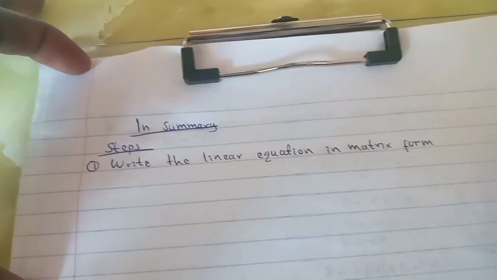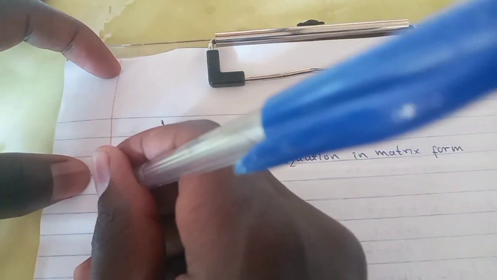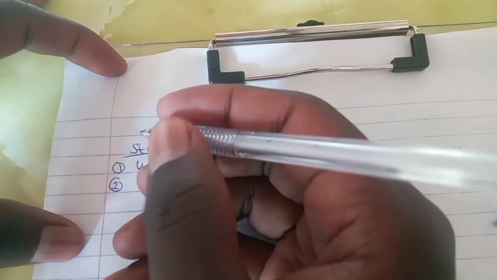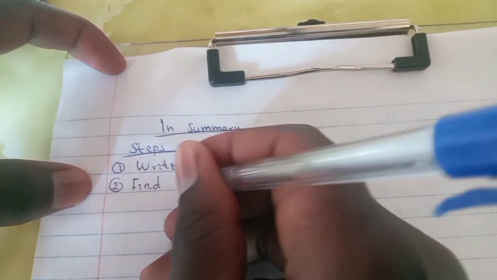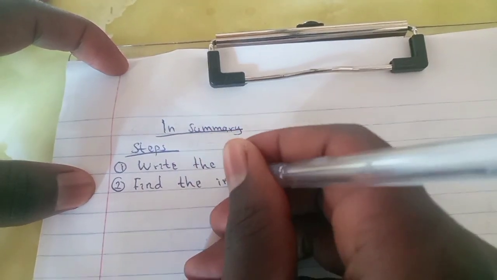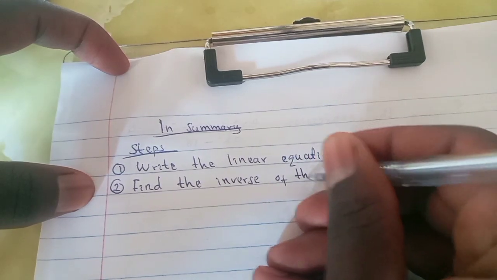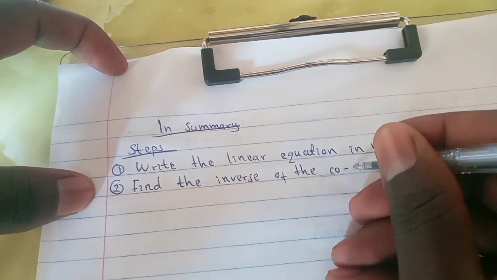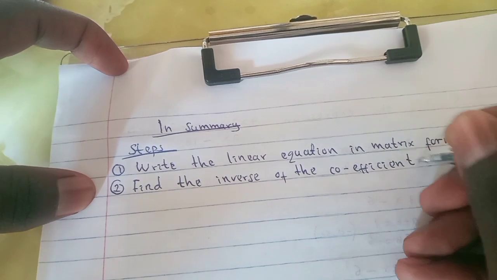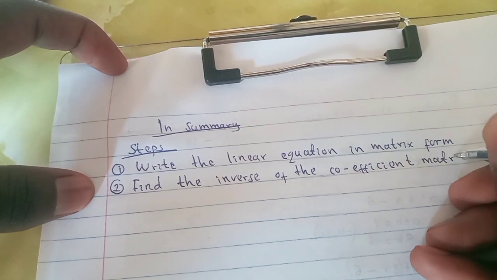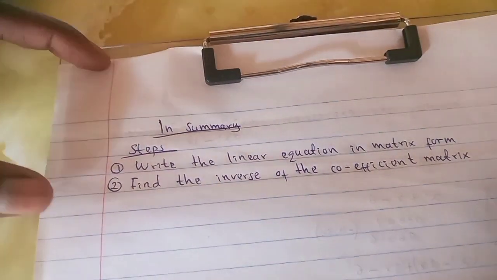The second step is find the inverse of the coefficient matrix. The coefficient matrix, you will get it after writing your equation in matrix form.